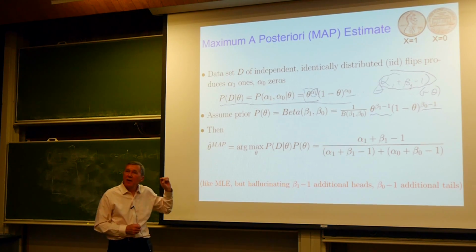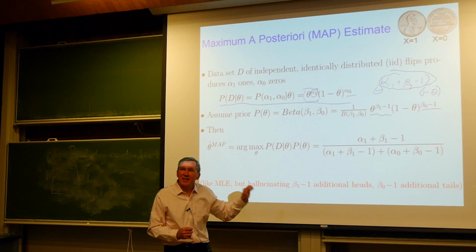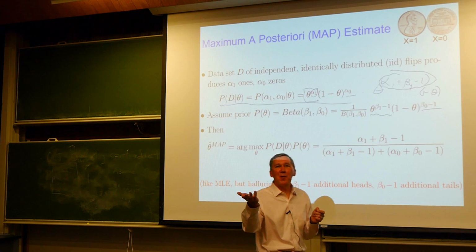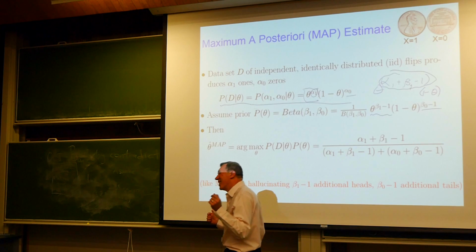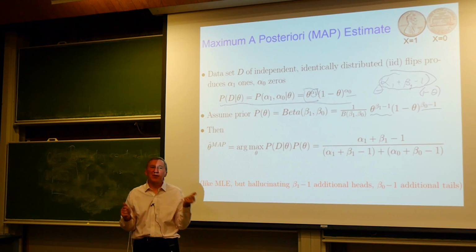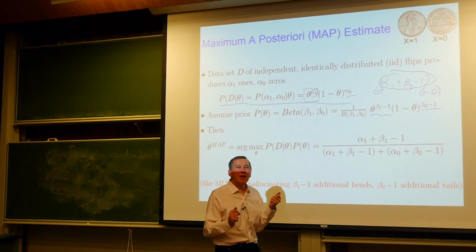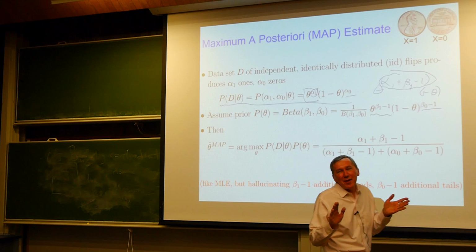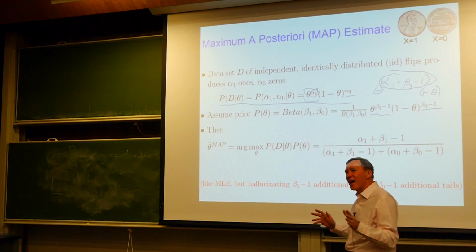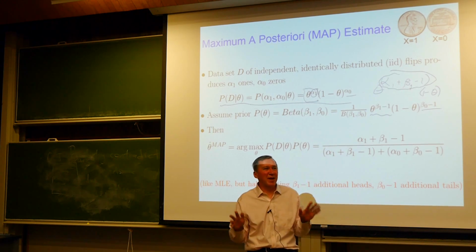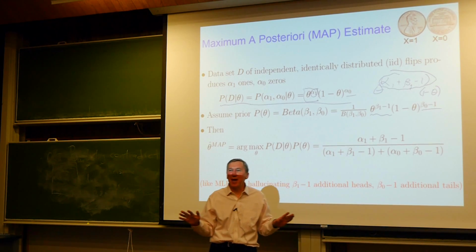Okay, so the reason I'm reviewing this is that this really matters. It matters for the homework, as you might have noticed. Hopefully you've noticed. And it also matters for the course because we're not going to talk about coin flips very much more in this course, but we are going to talk about Bayesian classifiers and Bayesian learning methods.